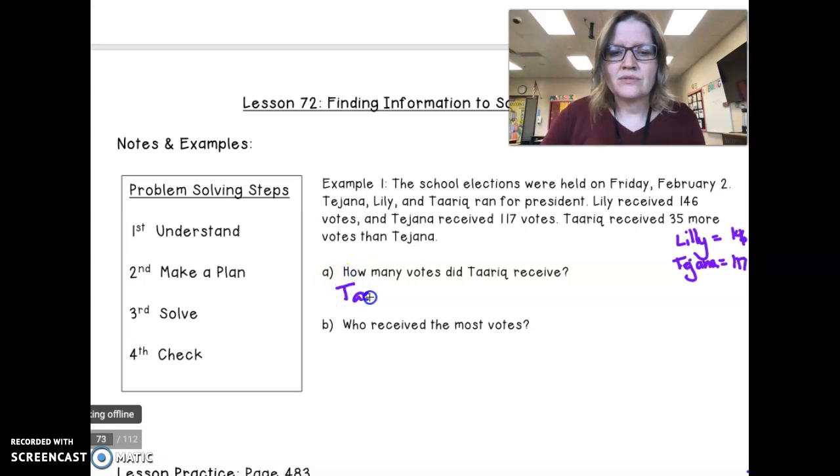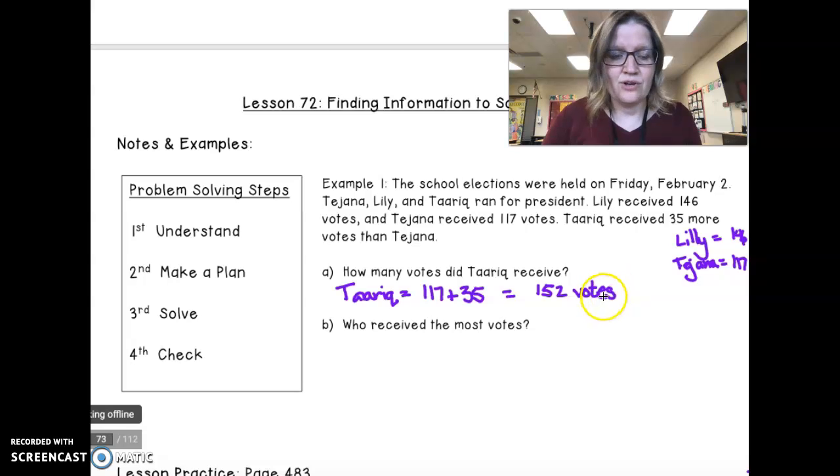Tarek equals Tehana's votes, which is 117 plus 35 more. And when I add these up, I get 152 votes for Tarek. I hope. Let's see, put an S there. As I look and compare between 146, 117, and 152, I automatically can see that Tarek received the most votes.